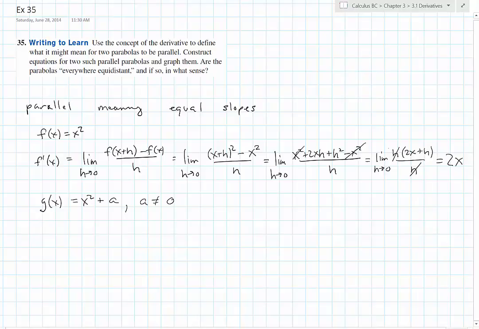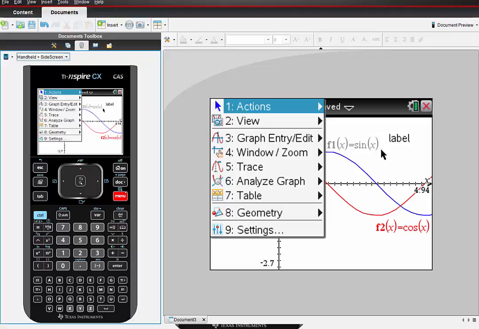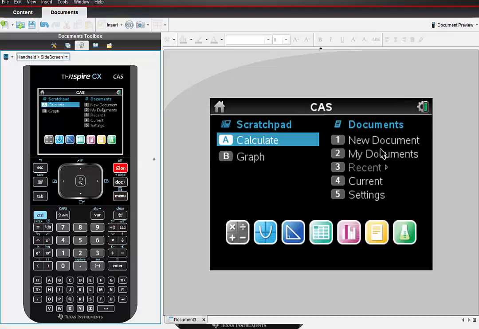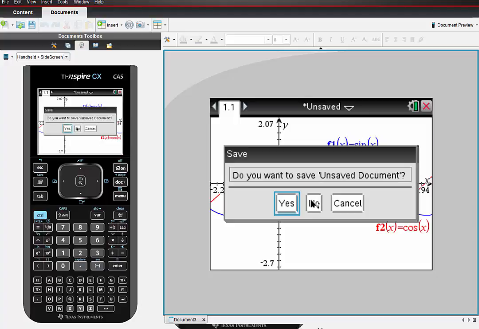Now, does that make them equidistant? Well, if we take a look at the graph, let me get a new graphing window up.